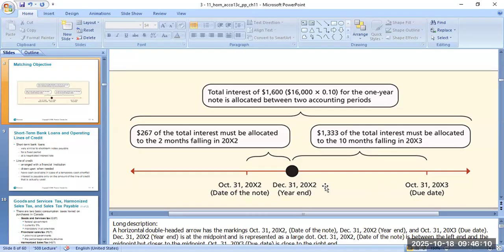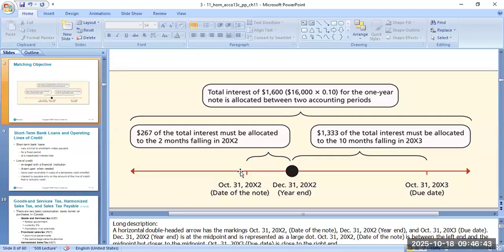Now the question is, at the year end, do we have to prepare financial statements? The natural answer is yes, we have to. If we have to prepare financial statements on December 31st, do we owe money to somebody because in the past we borrowed money?